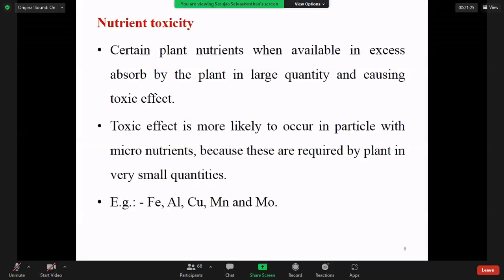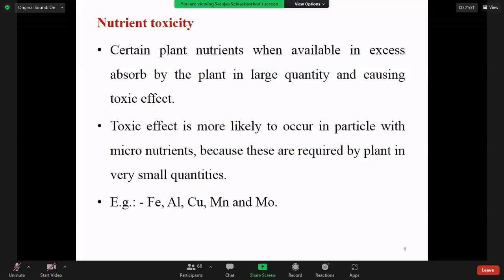You can also see this nutrient toxicity in your plants if you are over-fertilizing. Nowadays farmers are applying higher fertilizer amounts to the plant for getting the maximum yield, but they can't get the yield beyond a certain level. When toxicity occurs, definitely the plant can't survive.